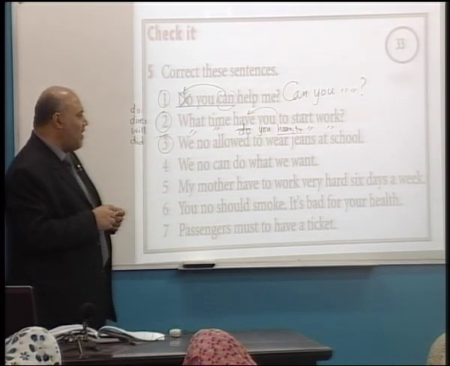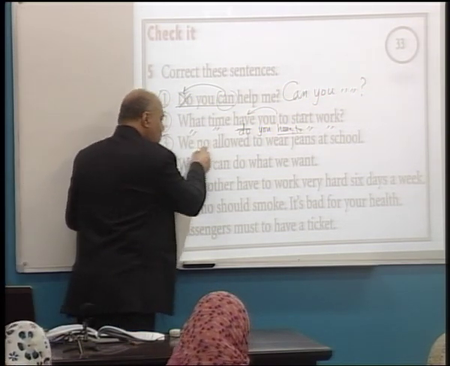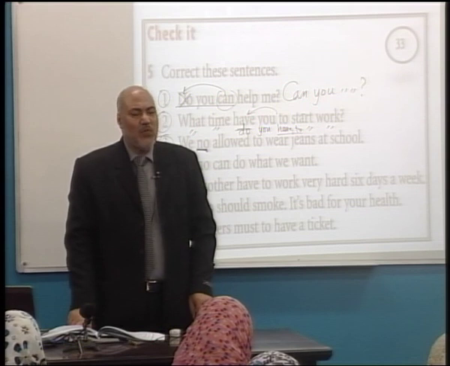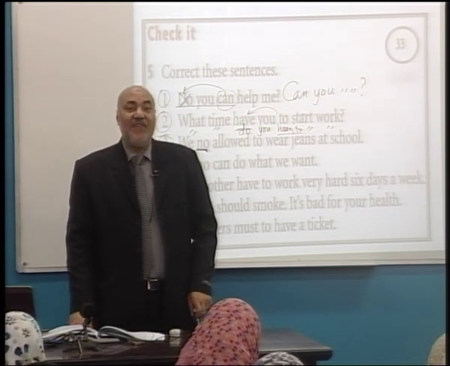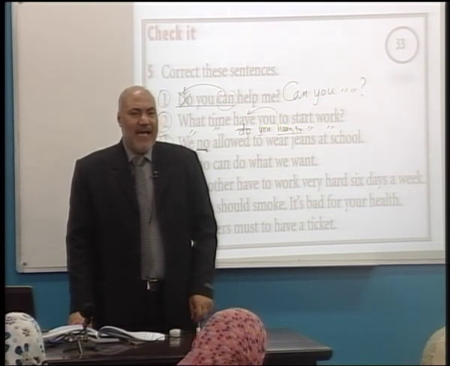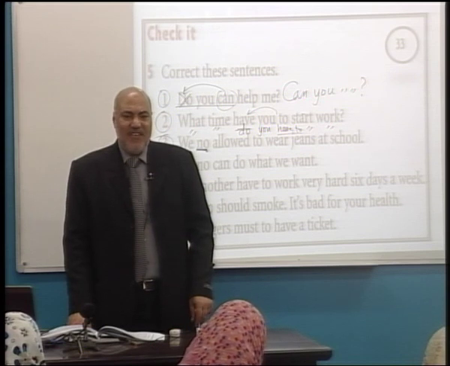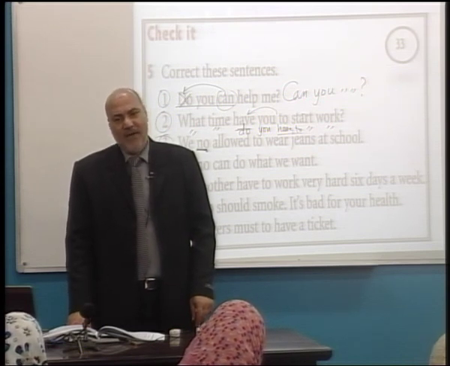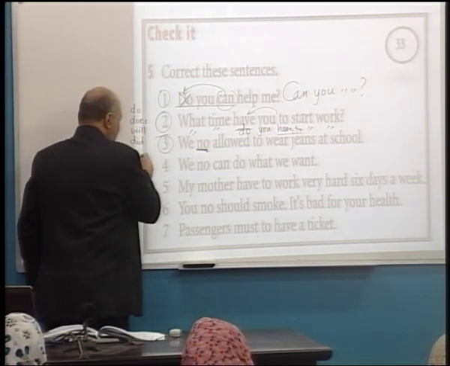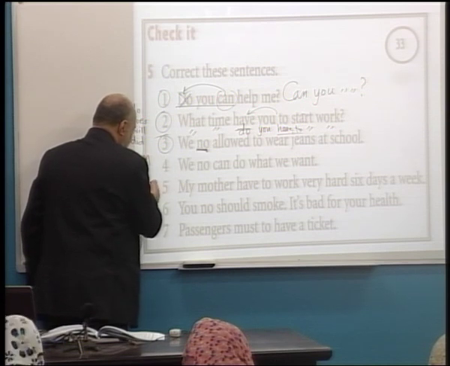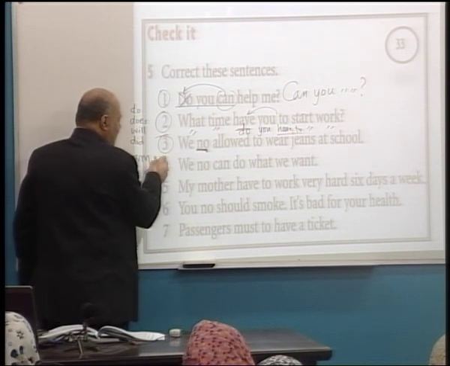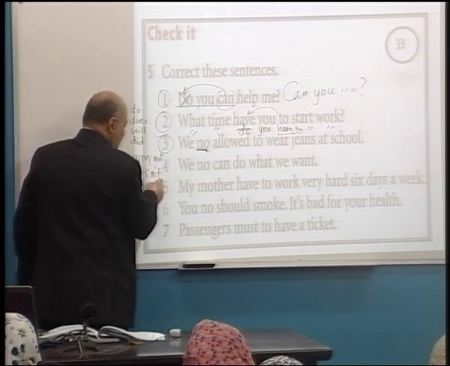Number 3. We not allowed to wear jeans at school. No, we don't negate nouns, but we want to negate verbs. And with allowed to, we use be. It means am, is, are, was, were. So here, am, is, are, and not. Not no. So, am not, isn't, aren't.